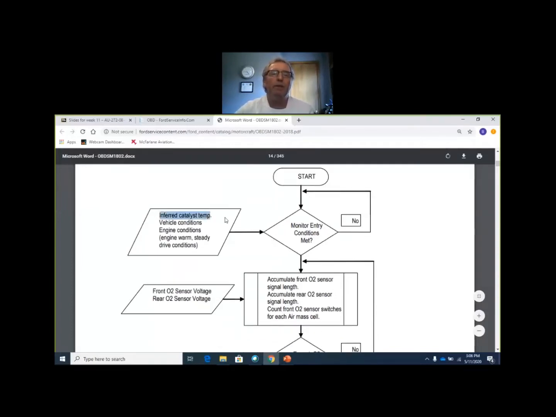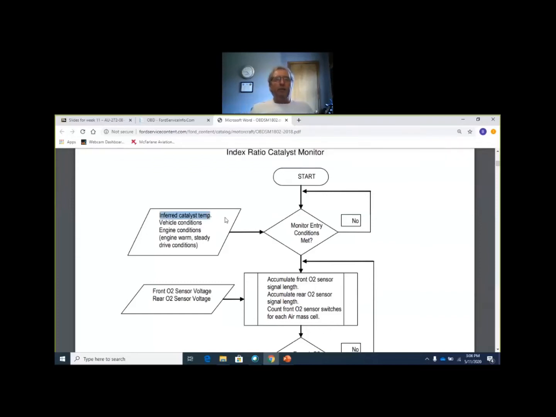Inferred catalyst temp. Now we talked about this with the last lab, right? Inferred means not measured. There's no temperature sensor in that catalyst, but inferred means we're pretty sure that catalyst is hot enough based on other stuff, like the fact that it's been running for a certain period of time with a certain load on it.